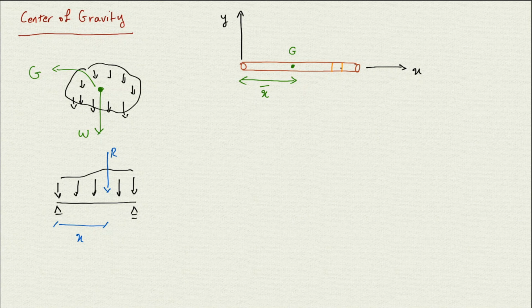That small element has its own center of gravity and its own weight. So assume I have a small element that has the weight dW, and its center of gravity is located at that point.